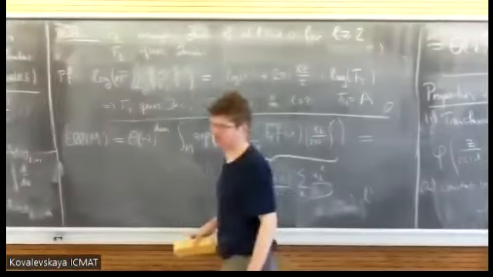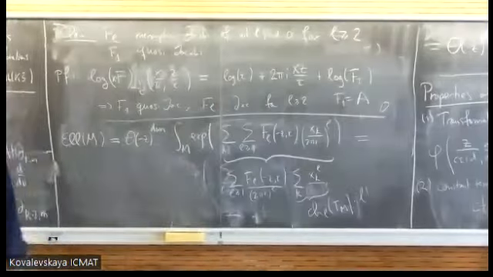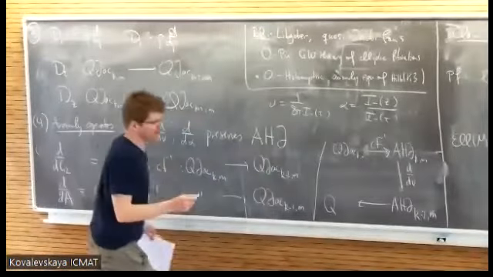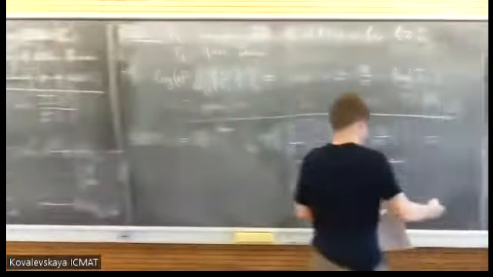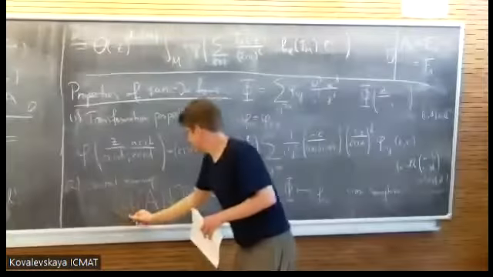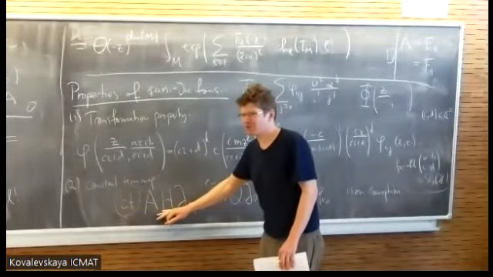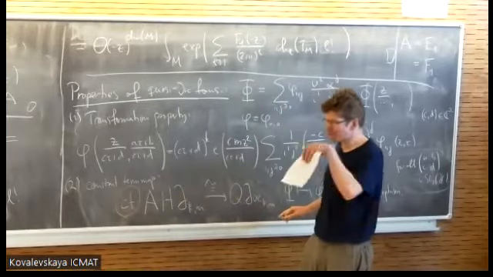Sorry, what is d minus? So CT stands for constant term. So this is this guy here. This map takes the almost holomorphic Jacobi form and just takes the constant.